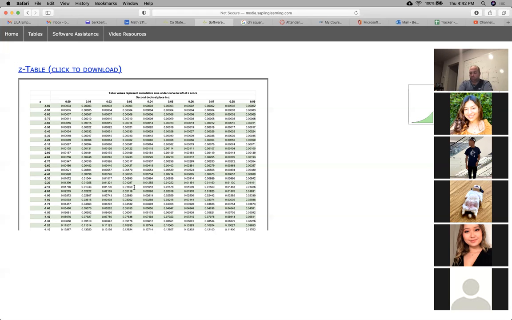If you don't know how to compute a z-score, we got big problems. How do you compute a z-score? X minus mu over the standard deviation. So what is the X? What is the mu? And what is the standard deviation? Your numbers are different.